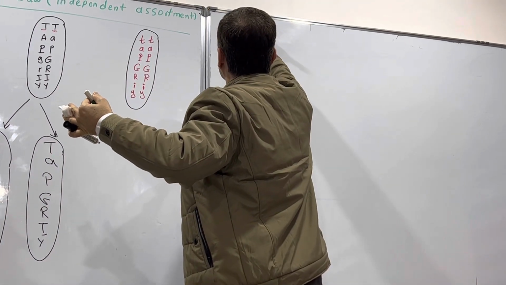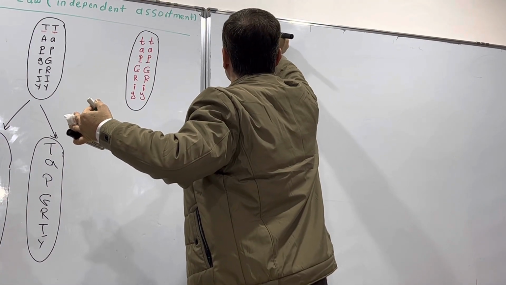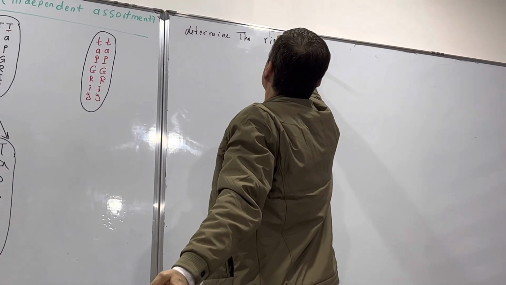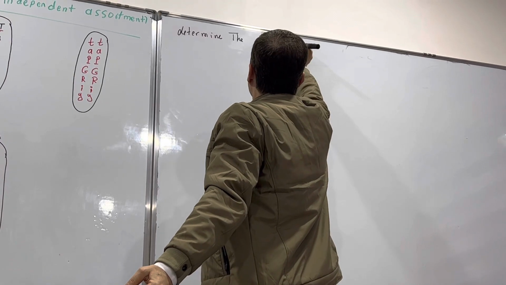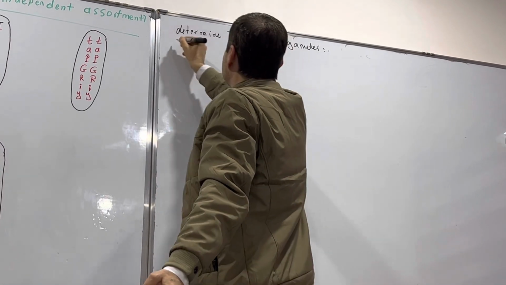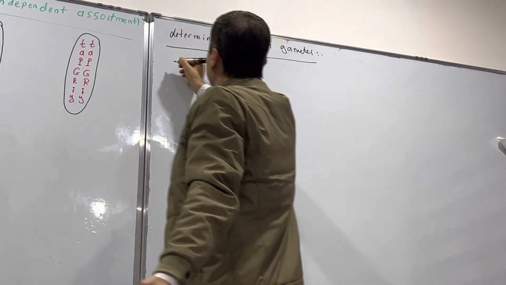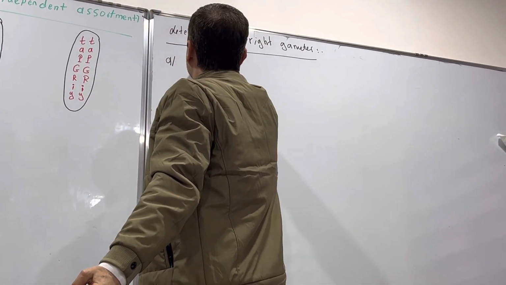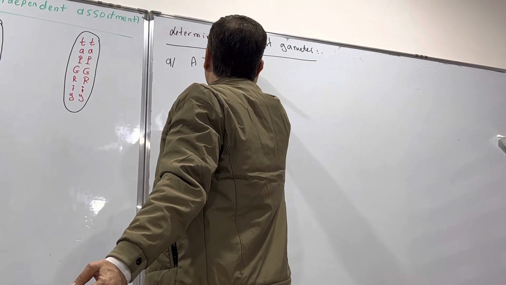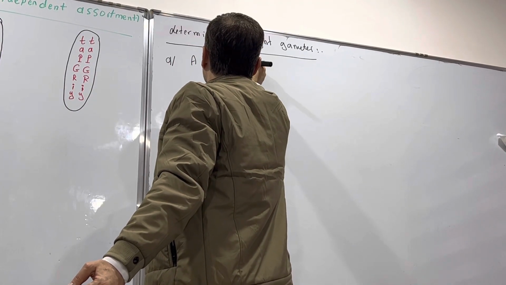Determine the right gametes. For example, A capital, T capital, G capital, A small, R capital, P capital.